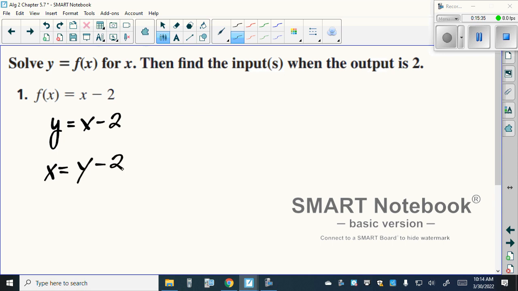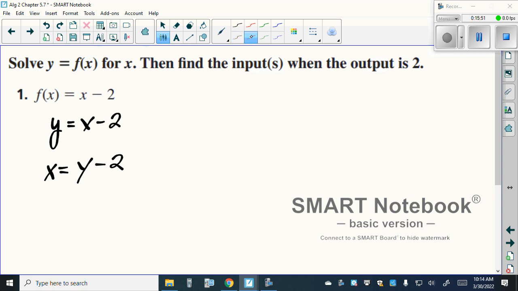That's perfectly fine. Because if we're going step by step, we replace f of x with y. Our second step is to switch x and y. Now we need to solve for y. We need to get y by itself.